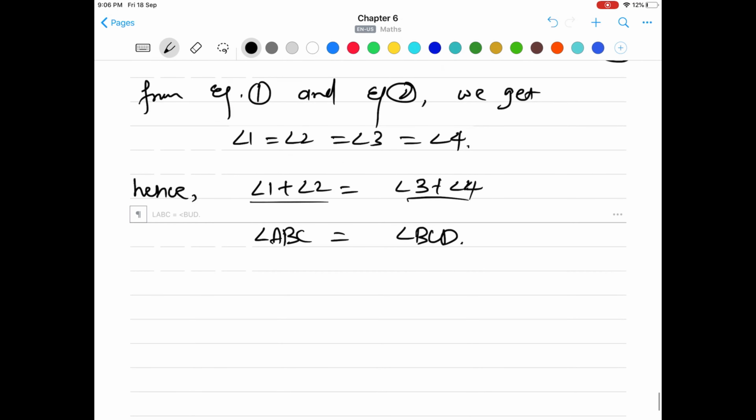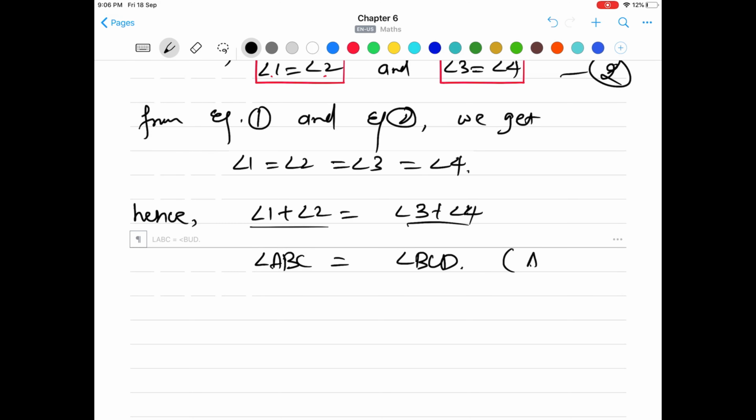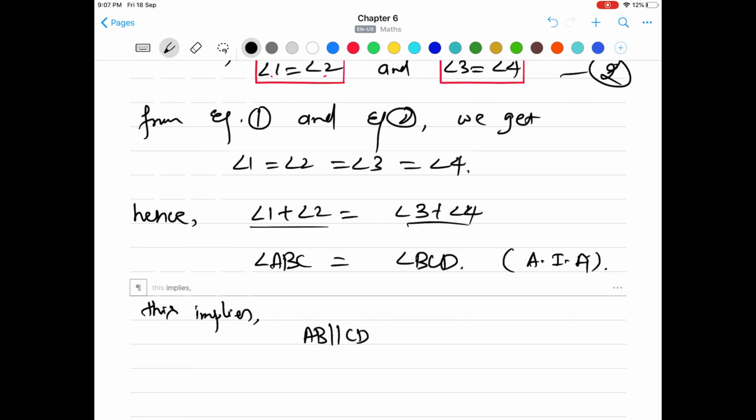Okay, so since these two are equal and they are alternate interior angles, this implies that AB is parallel to CD, and this is by theorem 6.3.